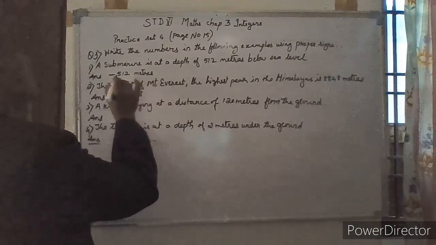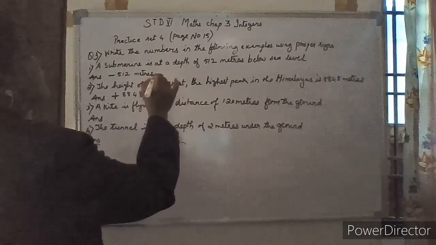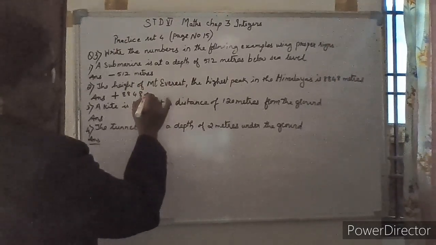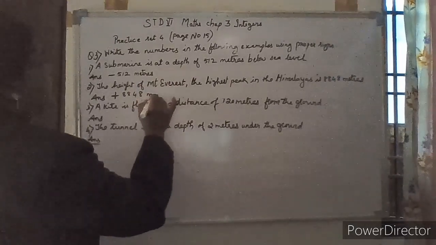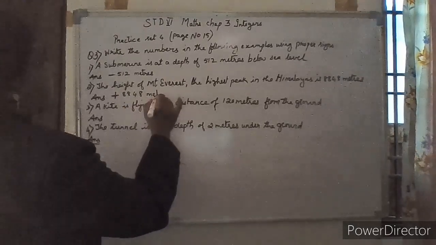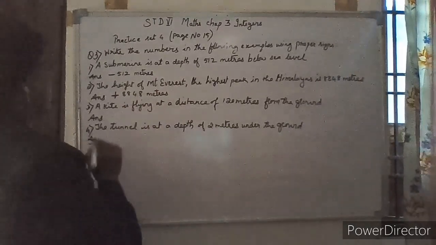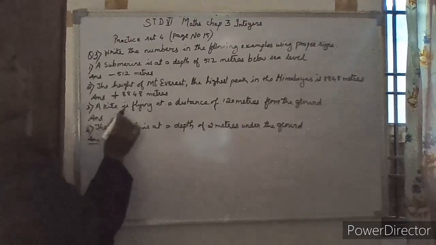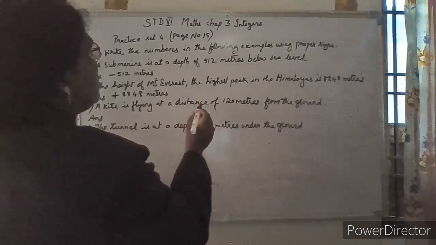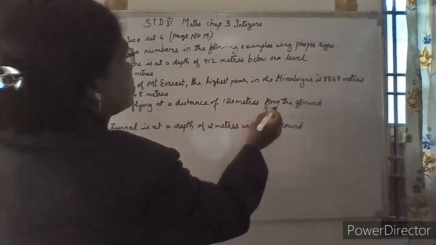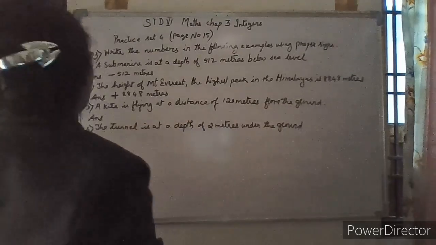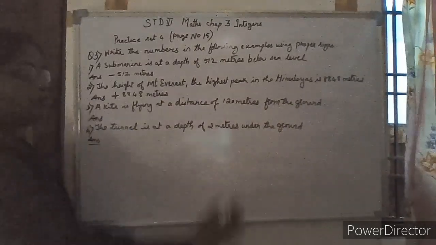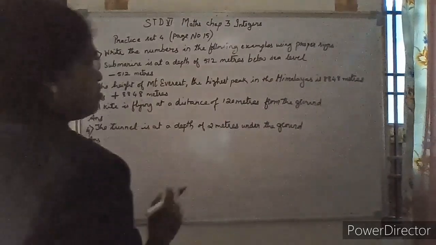Minus 512 meters and this is plus 8,848 meters. Next, a kite is flying at a distance of 120 meters from the ground. A kite flying means it is above sea level.